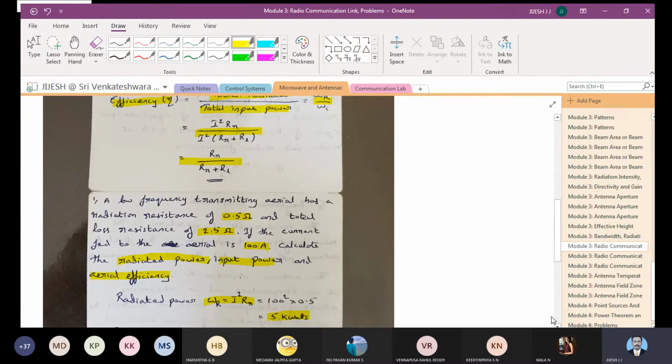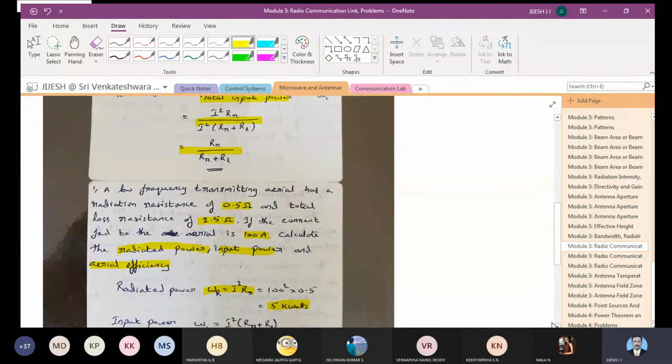Once you have the radiated power as I square RR, next you have to find the input power. What is the equation for input power? WI, or I square into RR plus RL. RR is known to you, RL is also known to you. Substitute and find the answer for input power.